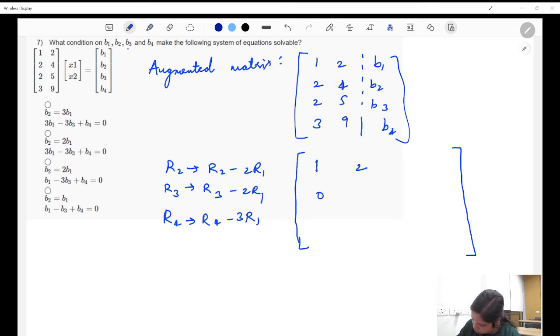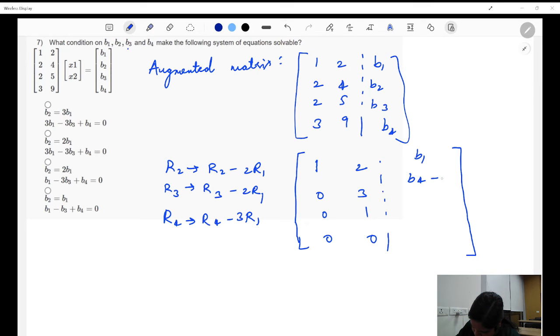We have this 0, 3, 0, 1, and this would be 0, 0, right? And we have to do the same thing here as well. It would remain B1. It would be B2 minus 2B1, B3 minus 2B1, B4 minus 3B1, right?